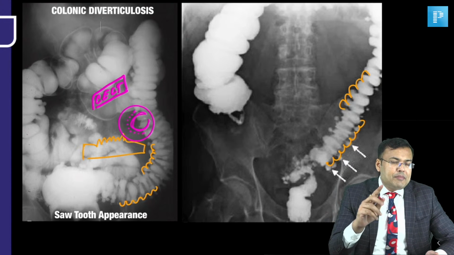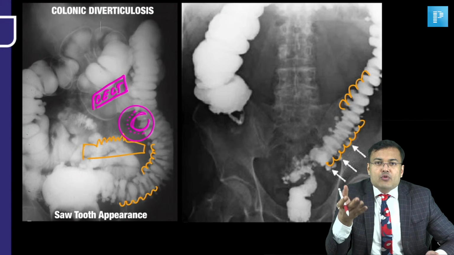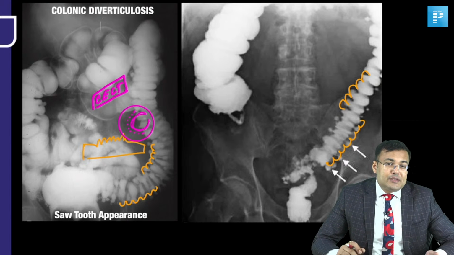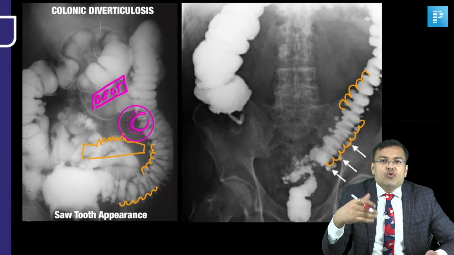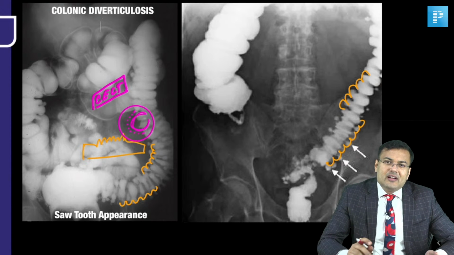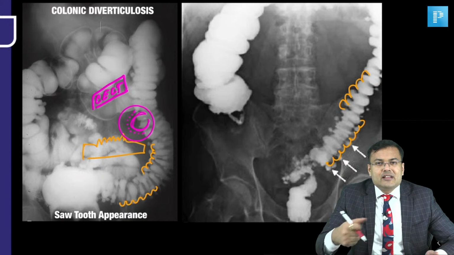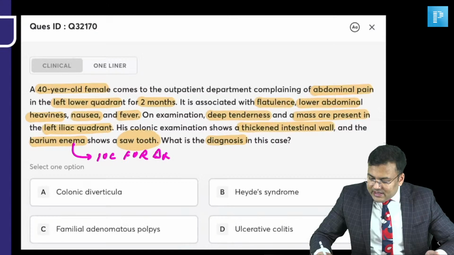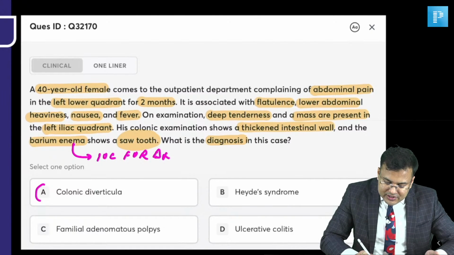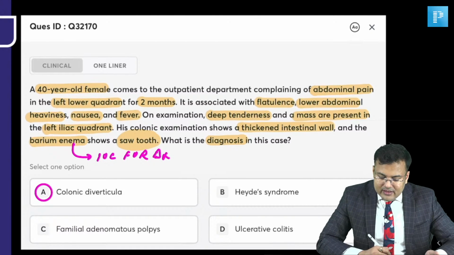So you have to remember, for colonic diverticulosis, investigation of choice is barium enema. For diverticulitis, it is CECT. Clear? Okay guys? So what is the correct answer here? The correct answer for this question is A, colonic diverticula, right?